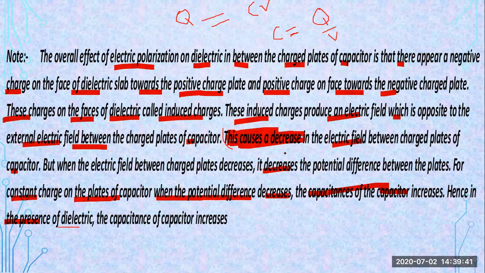When the electric field between the plates decreases, the potential difference between the plates decreases. And for constant charge on the plates of the capacitor, when the potential difference decreases, the capacitance of the capacitor increases. And hence in the presence of dielectric, the capacitance of the capacitor increases.